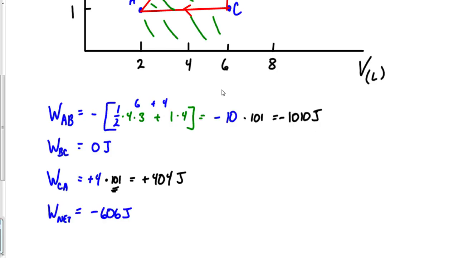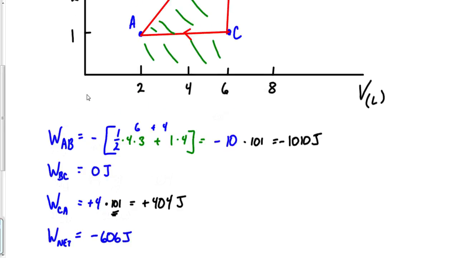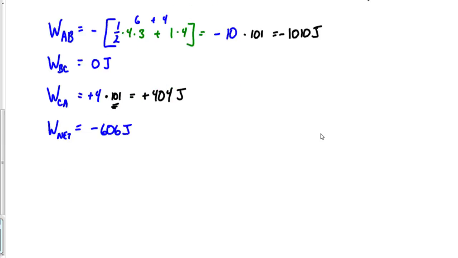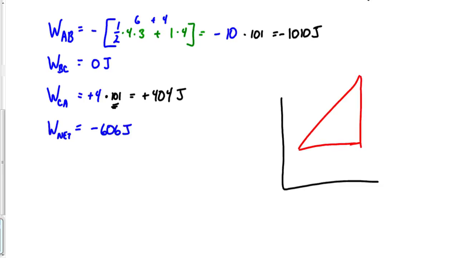Now, there's also another way. If you want to find the work done in a cycle, if you're working a problem like this, and the only thing you needed to know was work net, then all you have to do is this. Find the area. Work net. If you find the area inside the enclosed space, that's work net. Now that's handy sometimes.